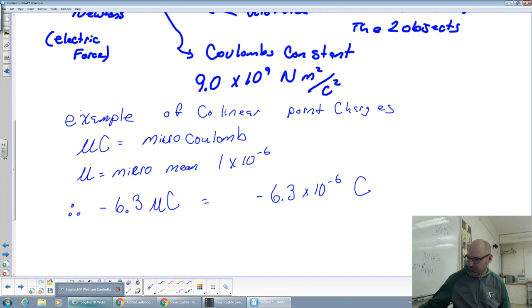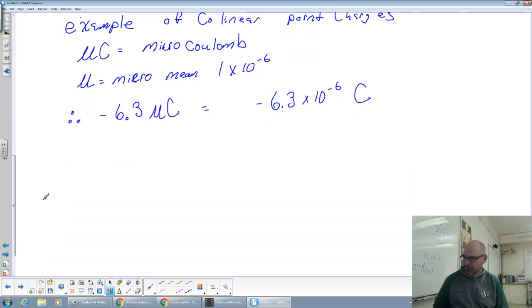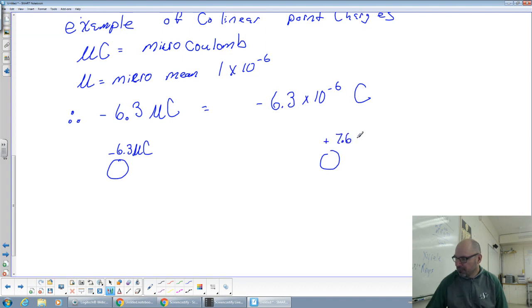Let's do a collinear example now. Let's say that we have this point charge and say it's negative 6.3 microcoulombs. And we have this charge that is positive 7.6 microcoulombs.